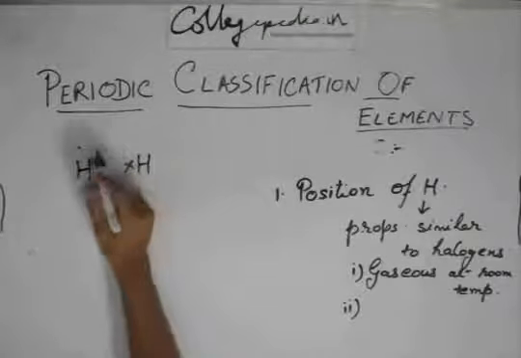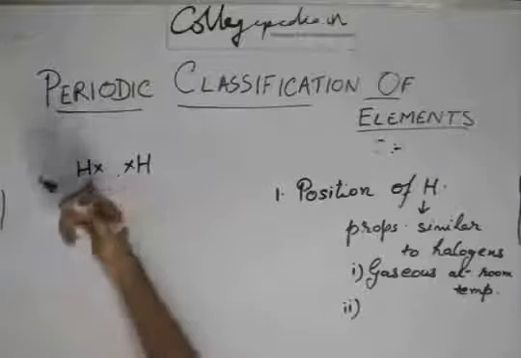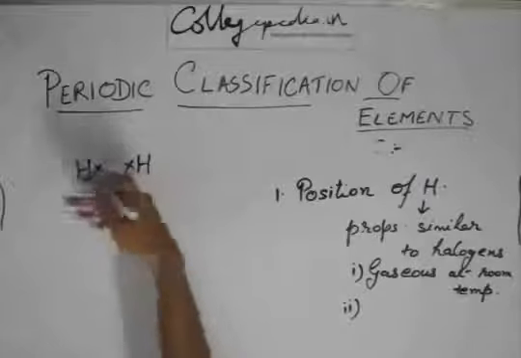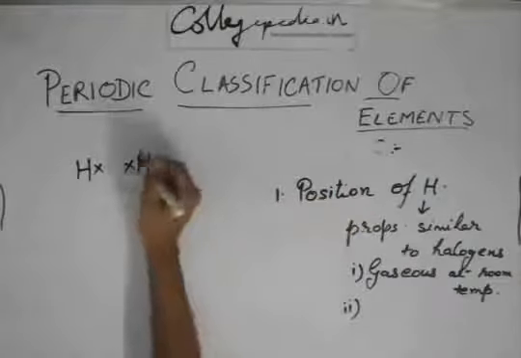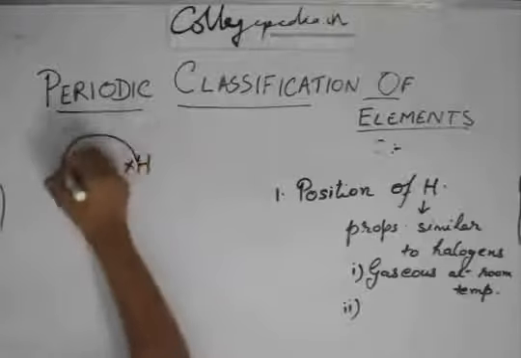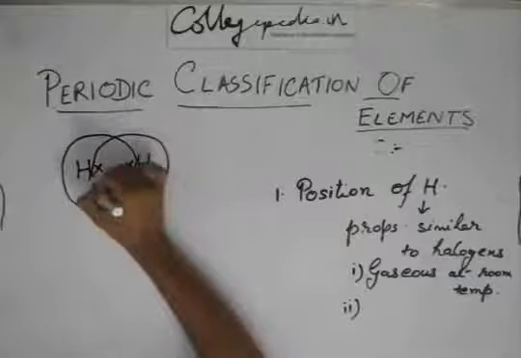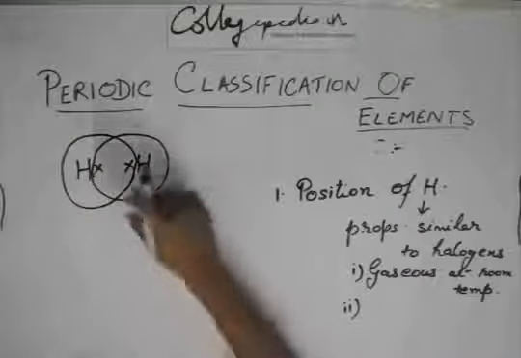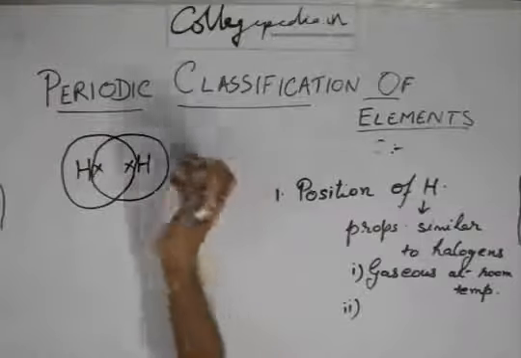To make a stable shell, it needs to get another electron, or it needs to give away this electron and remain just a proton. So it can share this electron with another atom, so this also has 2, this also has 2. Both hydrogens are happy because they are sharing.